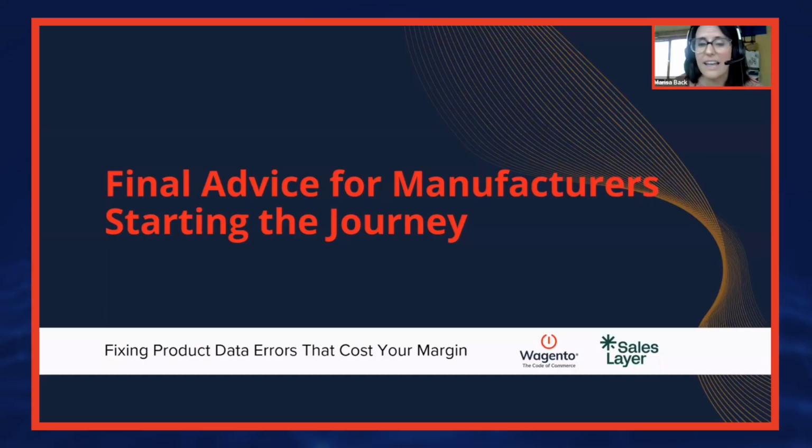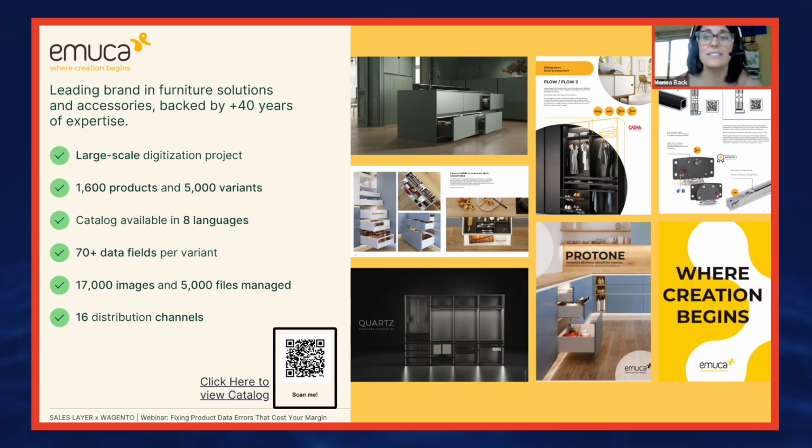And here again, to add to the advice, I wanted to leave a little bit of advice and a little bit of inspiration, right? So this is going to be a customer, and if you grab your phone, you can scan the QR code and see how they've been able to organize all their product information. They've utilized our PIM to manage their 1,600 products. Emuka was also having to manage over 5,000 variants with their products.